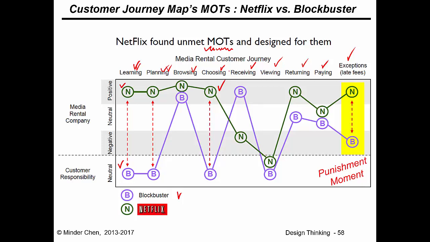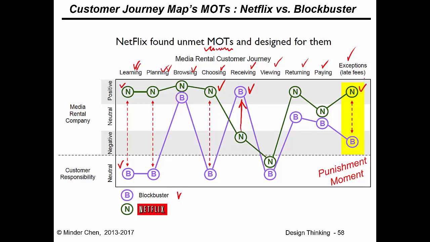Certainly, compared to sending out DVDs through mail, Blockbuster has a better experience: if you go to the store, you get a DVD right away. However, with streaming, Netflix is moving in this direction. And the rest are similar, and the exceptions.